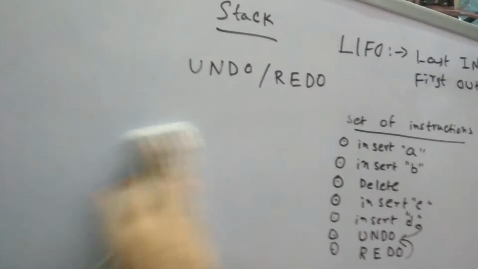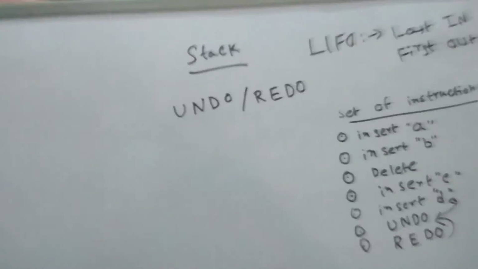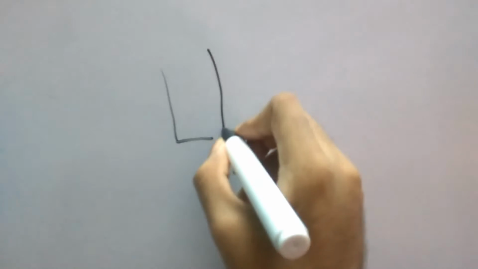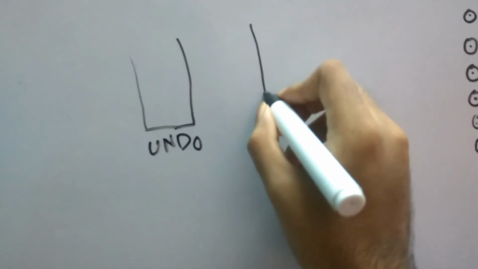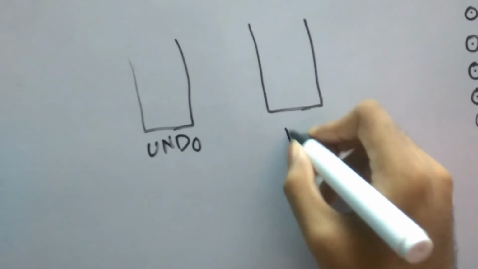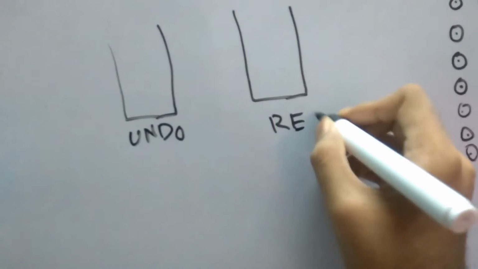For this we will use two stacks. The two stacks will look like this. One stack is for the undo operation, let's write it over here, and one stack is for the redo operation. Okay, so far so good.